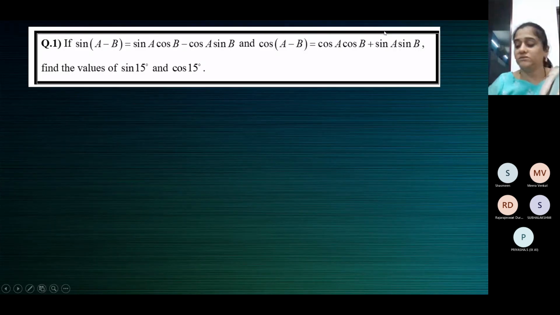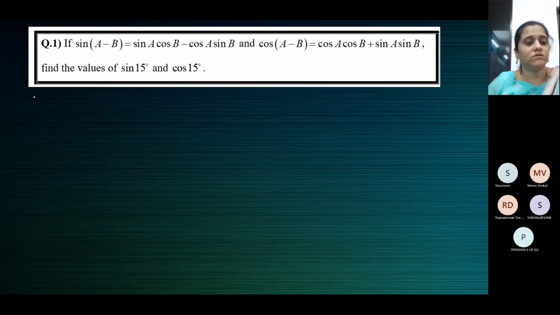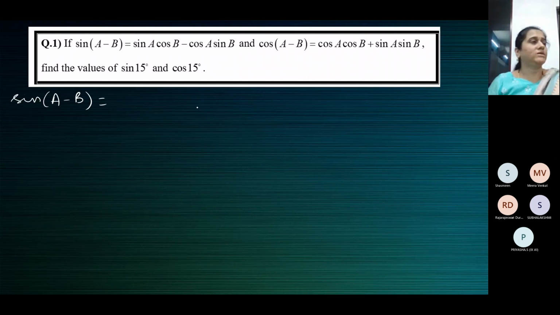All right. See here. There is a trigonometric formula given to you. Sine of A minus B is equal to, like you have an algebraic identity, A plus B the whole square is equal to A square plus 2AB plus B square.